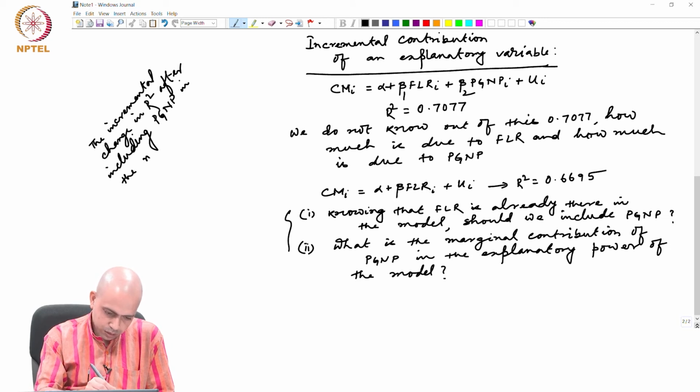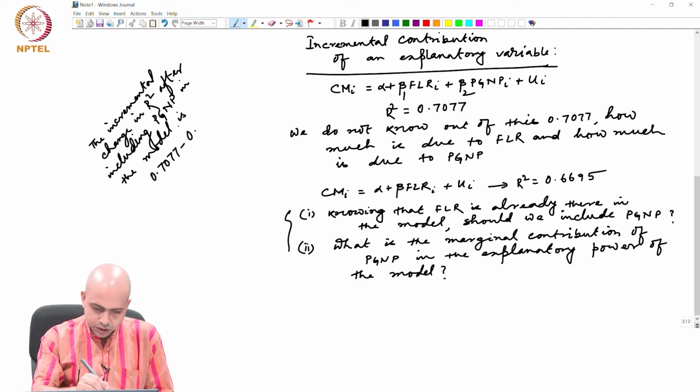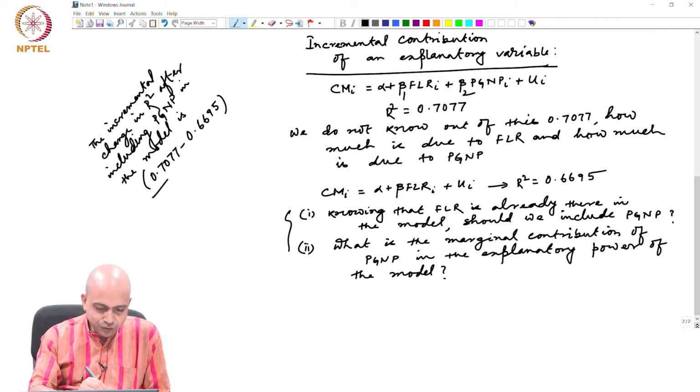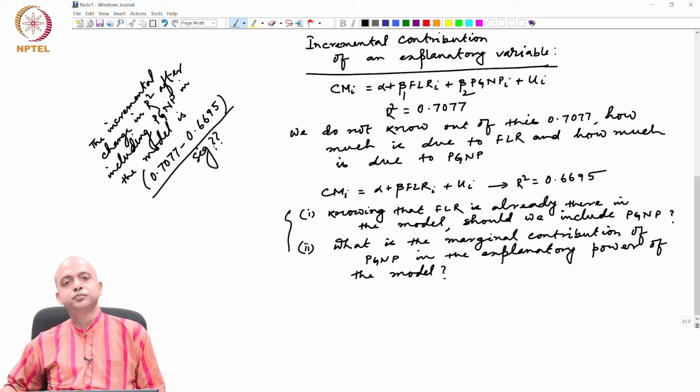It is 0.7077 minus 0.6695. This is the incremental change. Now the question is whether this value is statistically significant or not. That is what we want to know.